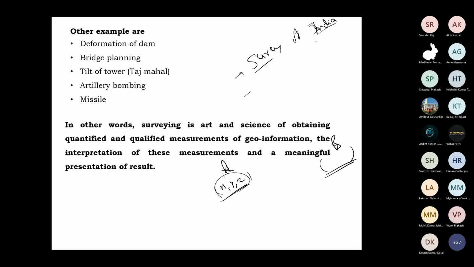Suppose your home is somewhere in Bihar. You want the map of that area. You want to do some big project. So you have to take the map from there. They will charge you something. Whatever the map, you can take from there. You can see the topography. So there is work to survey all around India.